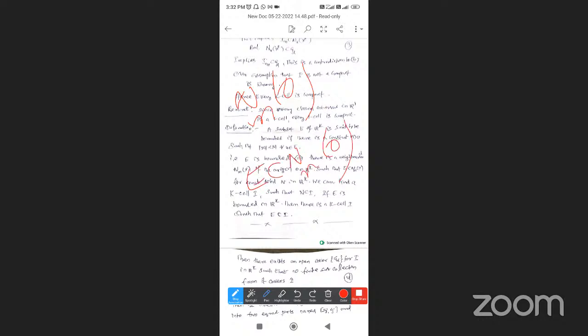For each neighborhood N in R power of k, we can find a k-cell I such that N is a subset of I. E is bounded in R power of k if there is a k-cell I such that E is a subset of I.